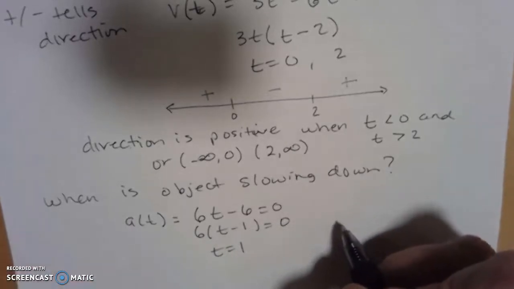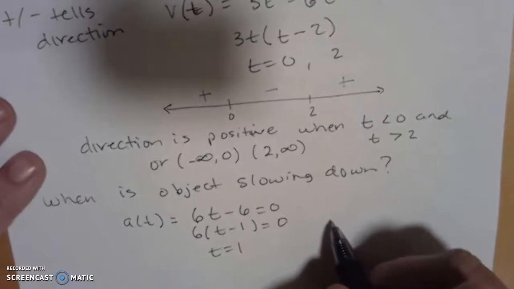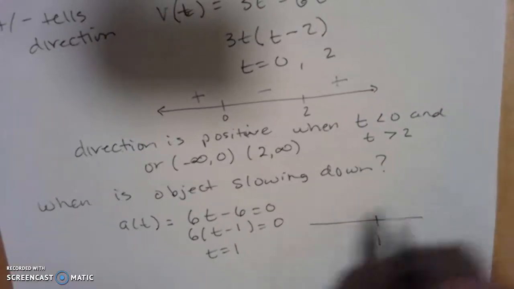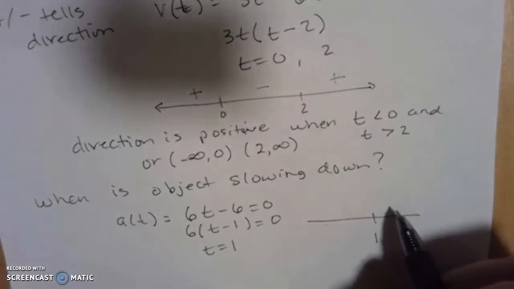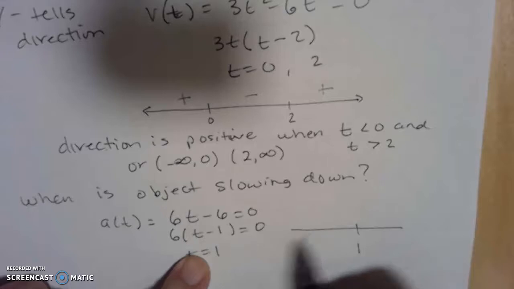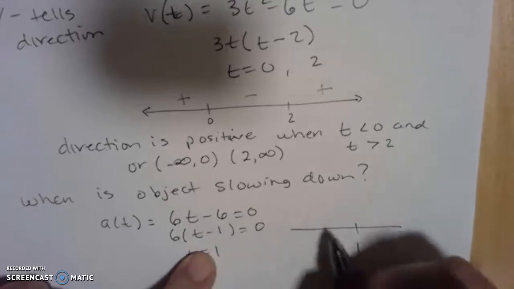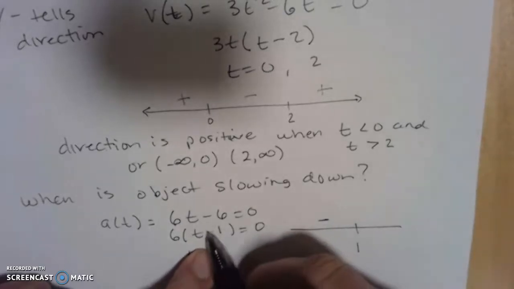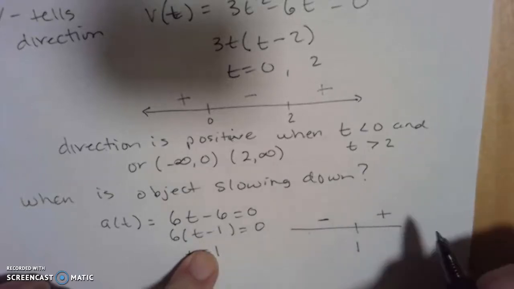So we're going to look at what's happening to the left and right at 1. So when I put a 0 in, because 0 is left of this, I get 6 times a negative number, I get a negative. When I put something greater than 1 in, I get a positive number times 6, which is a positive number.